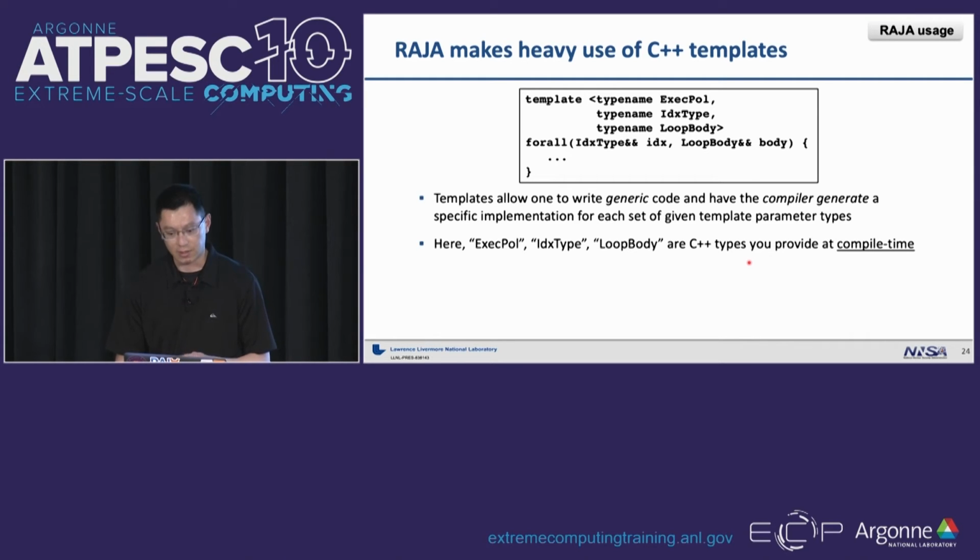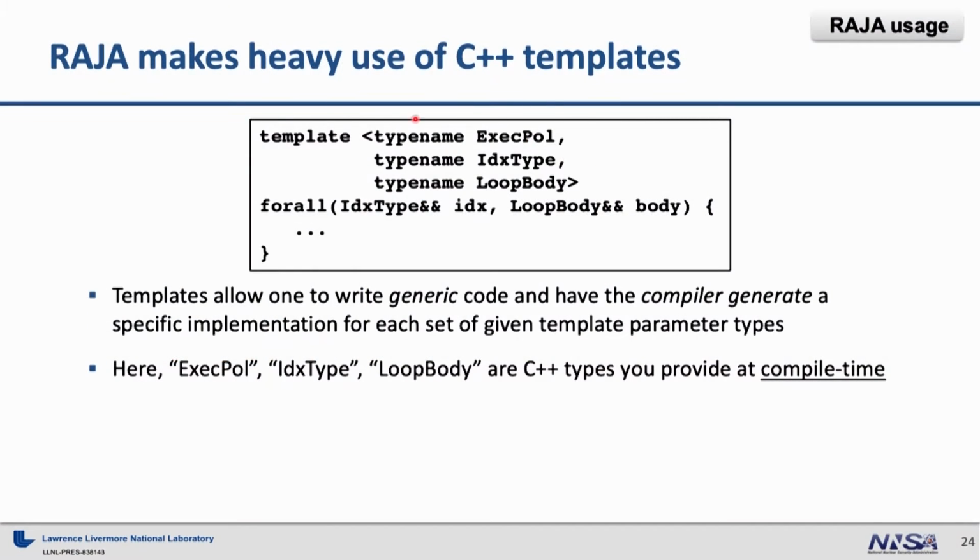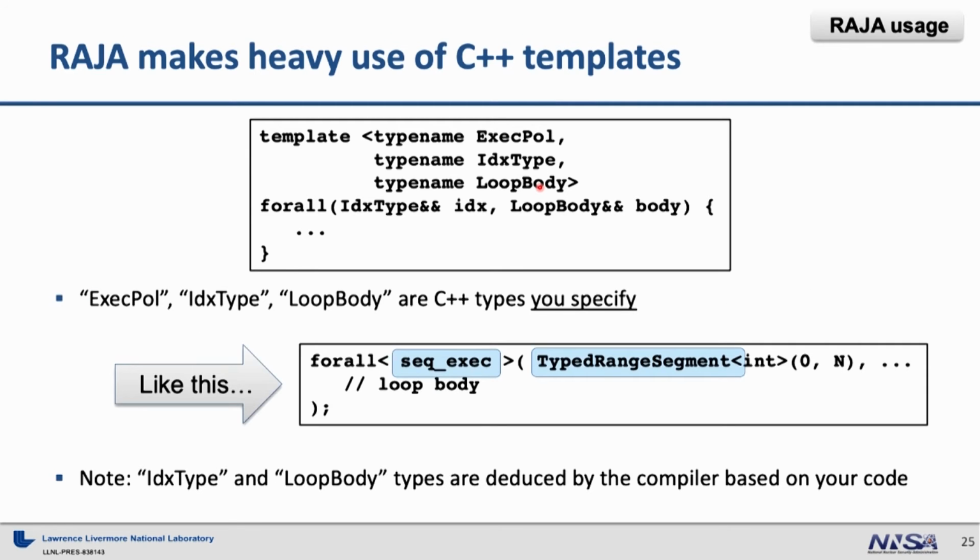As you probably saw, RAJA uses a lot of C++ templates, right? This piece of code here is actually an implementation of the forall loop internally in RAJA. And you can see that it takes in 3 template parameters: the execution policy, the index type, and then the loop body. These have to be known at compile time.